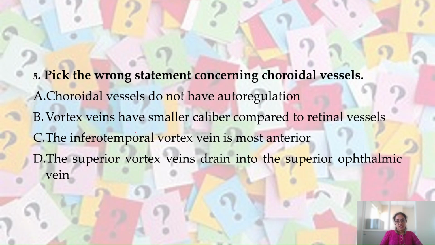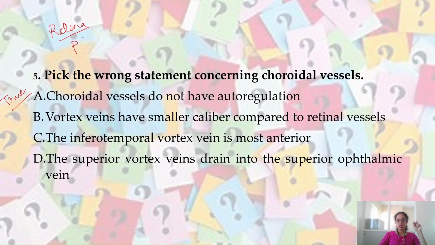Pick the wrong statement concerning choroidal vessels. Choroidal vessels do not have autoregulation. This is true. Autoregulation is seen in few organs in the body, namely the brain and the kidney. The next is retina. Autoregulation is a phenomenon by which a tissue or an organ controls the amount of blood that reaches itself.